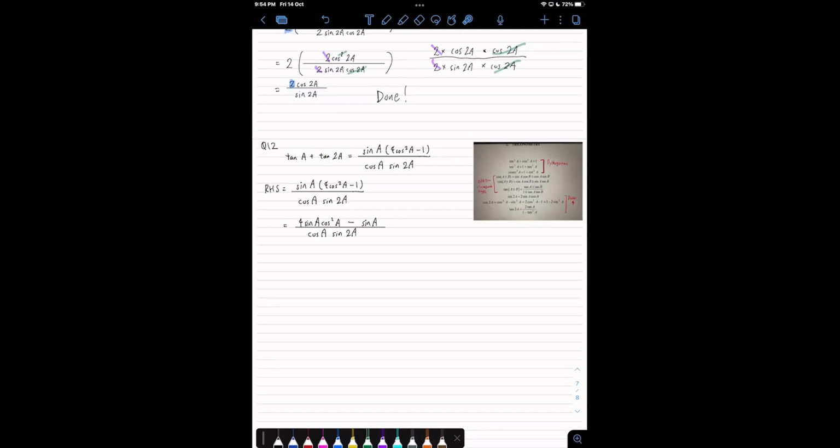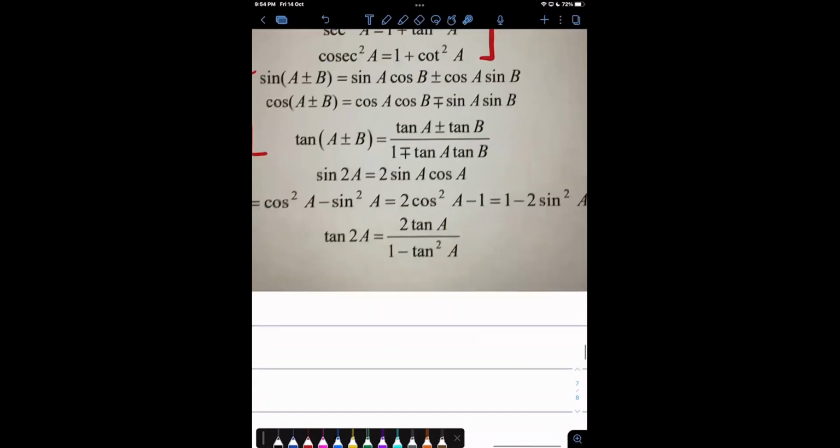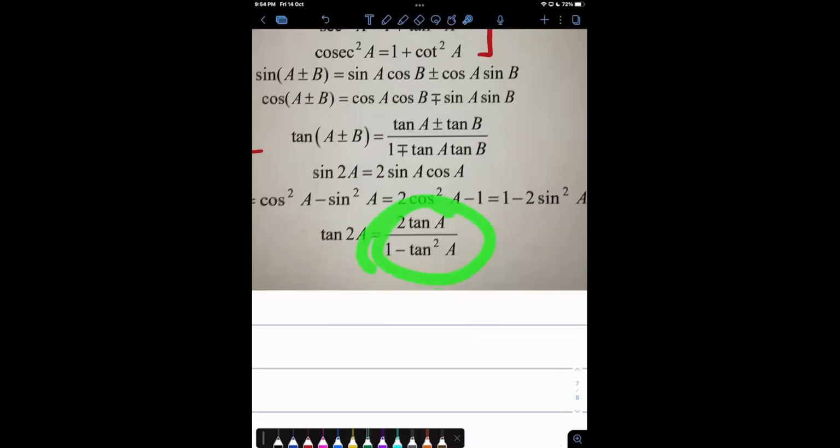Actually, let me think a bit. And then actually, I don't like the tangent 2A formula because the fraction is very scary. Wow, the fraction is really painful. You need to substitute with sine over cosine, sine square over cosine square. Maybe a smarter way is instead of using this formula, we avoid doing that.